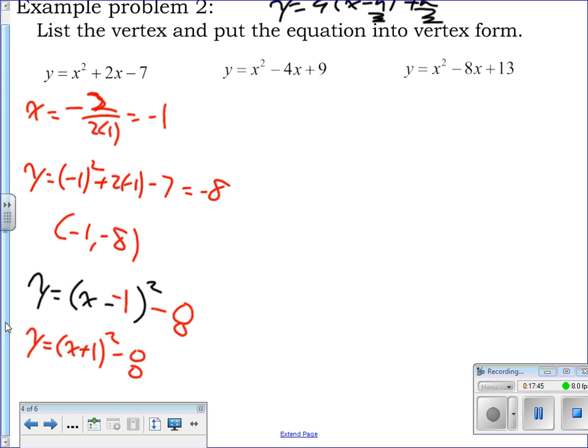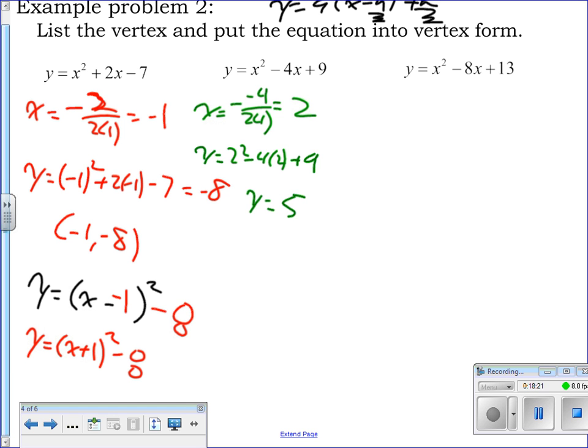Again, x equals minus b over 2 times a. I get 2 this time. Take 2, plug it in for x. Y equals 2 squared minus 4 times 2 plus 9. Y equals 4 minus 8, negative 4, plus 9 is 5.